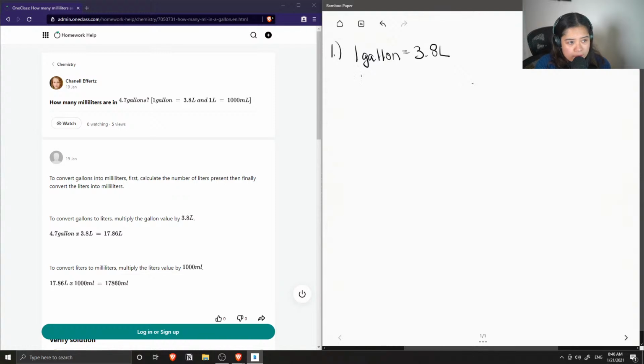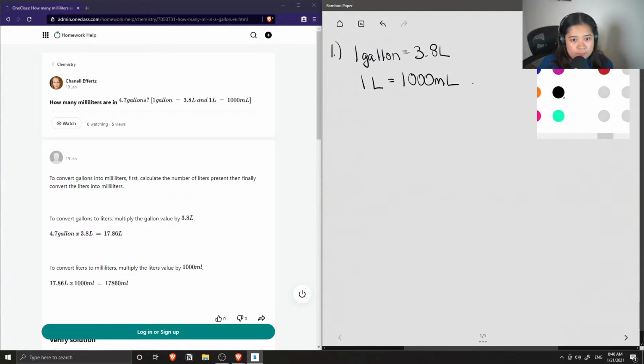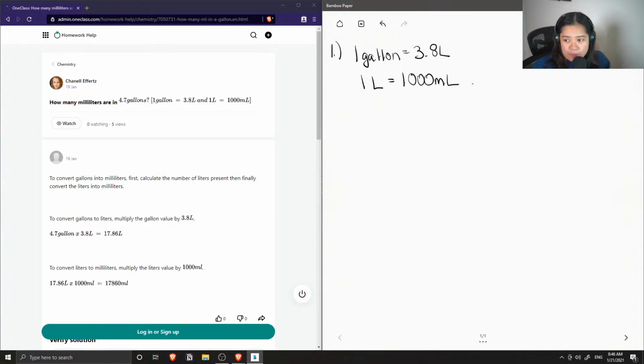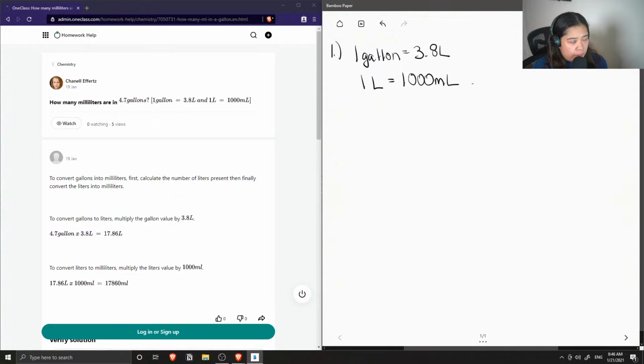And we also know that 1 liter is equal to 1,000 milliliters. Okay, so when doing conversion factor questions, it's always helpful to write these down just so that you can see what you're working with.